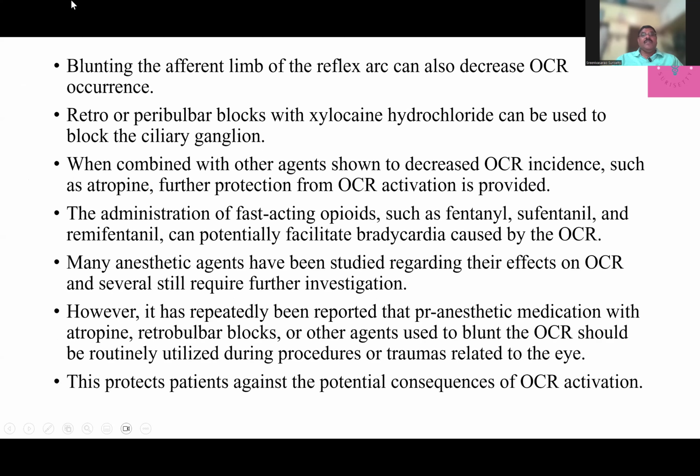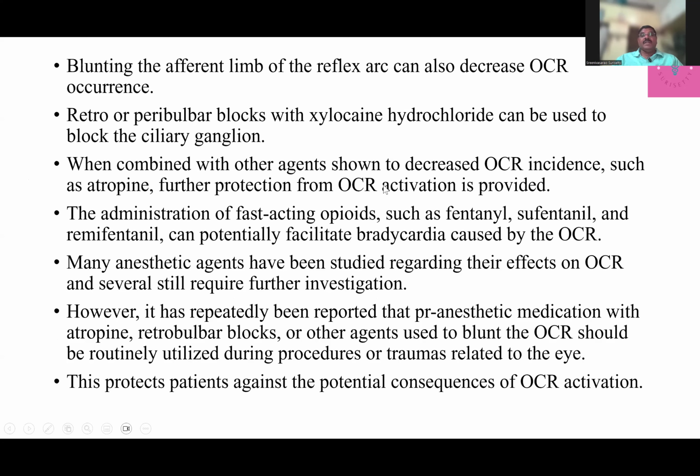Blunting the afferent limb of the reflex can also decrease ocular cardiac reflex. Retrobulbar and peribulbar blocks with lidocaine hydrochloride can be used to block the ciliary ganglion. Whenever the ciliary ganglion is blocked, the afferent limb will be broken down, so the patient won't be affected by the bradycardia.